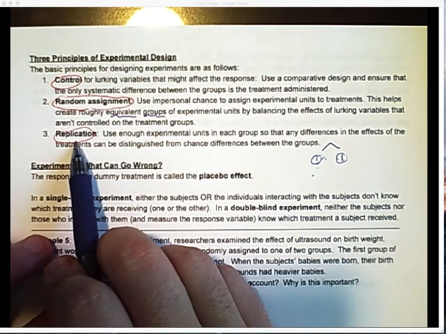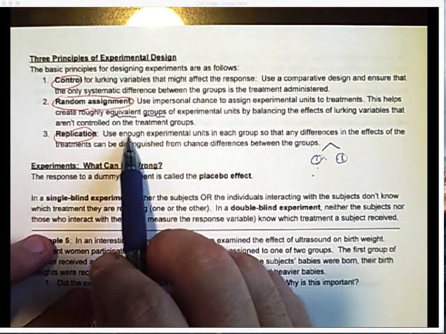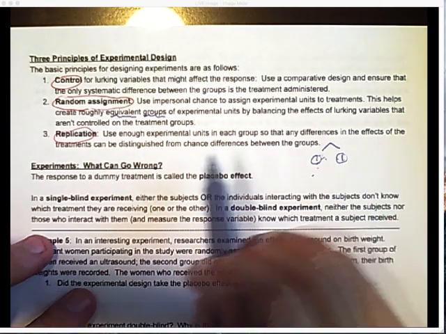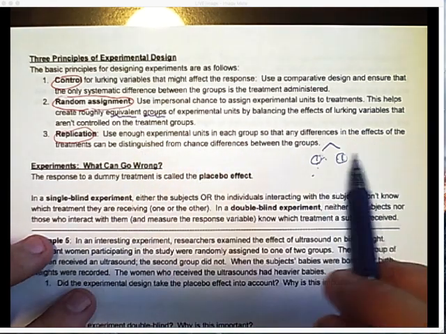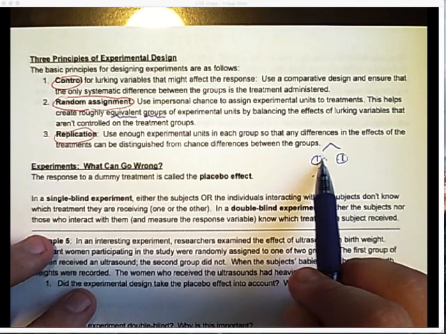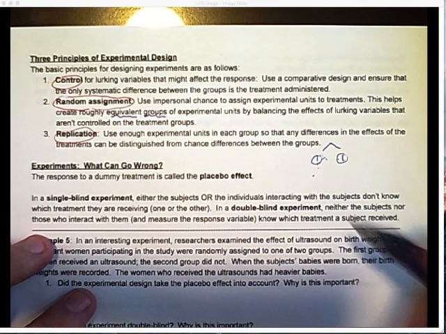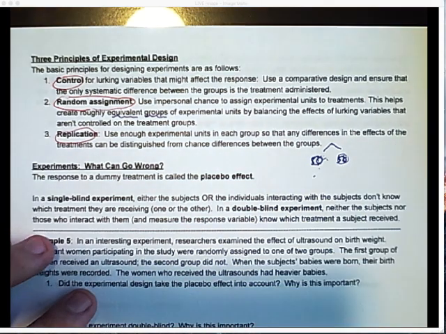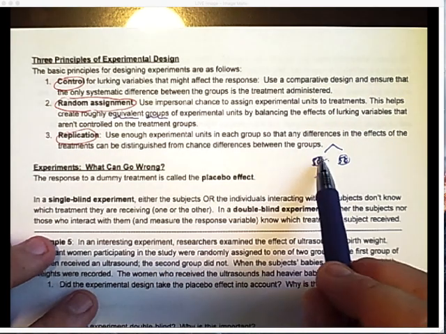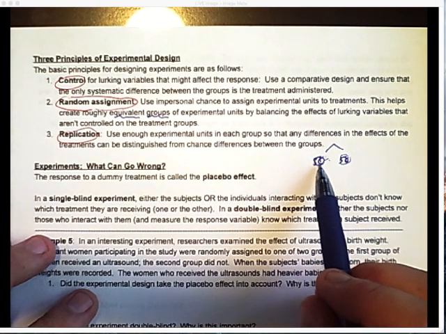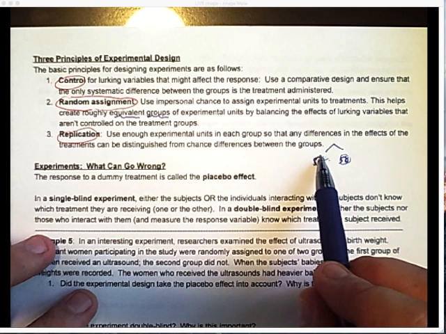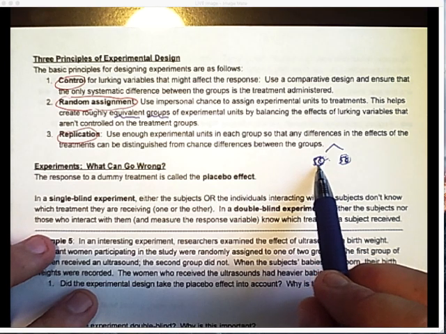The principle of replication says use enough experimental units in each group so that any differences can be distinguished from chance differences. If you only use one person, there's too much left to chance. But if I say let's put 50 people in each group, and one person starts working out in this group and that person's cholesterol goes way down, it'll affect the mean a little bit, but it won't affect it entirely.